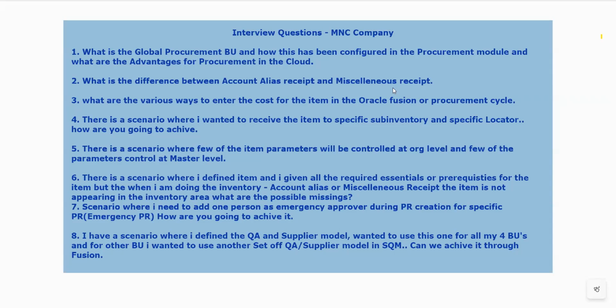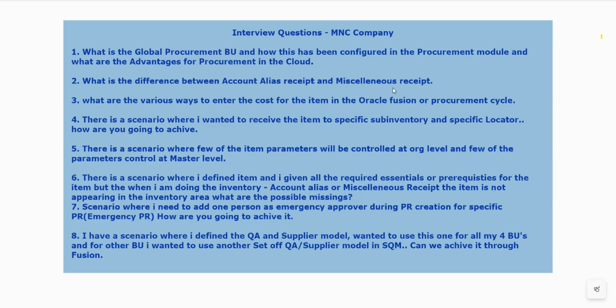With account alias receipt, we can define it to avoid accounting issues. We can define a specific account, so when I create this particular receipt, the system should hit only one account. But when you use miscellaneous receipt, the account option is in the user's hand. I mean the user can select whichever account. So this is one of the drawbacks.